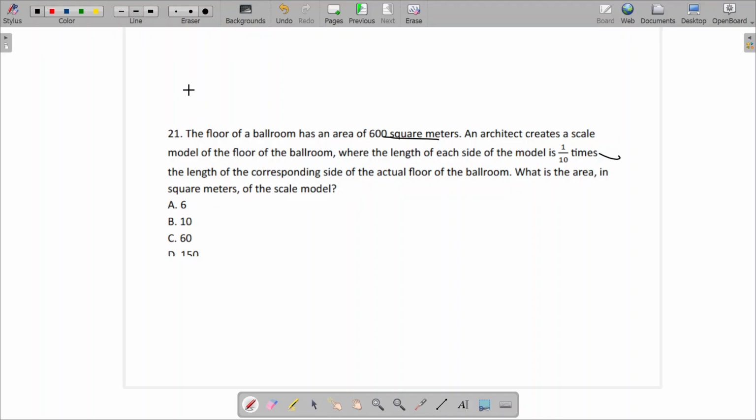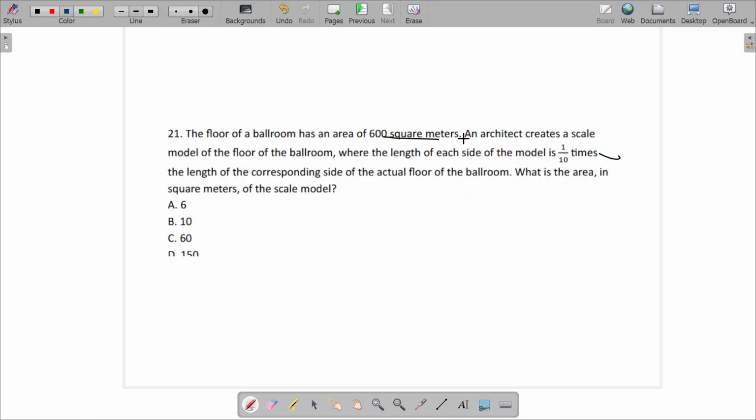So basically lots of information is given here. Whenever lots of details are given, try to break it down, do part processing. So in here, what can I do? I know two things we are talking about. First, we are talking about the actual area, and we are talking about the area of the floor, which has a different length. So basically, it's the area of the scale model.